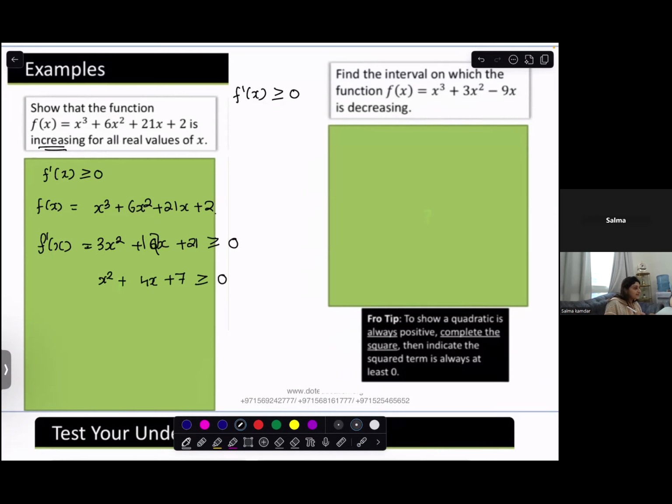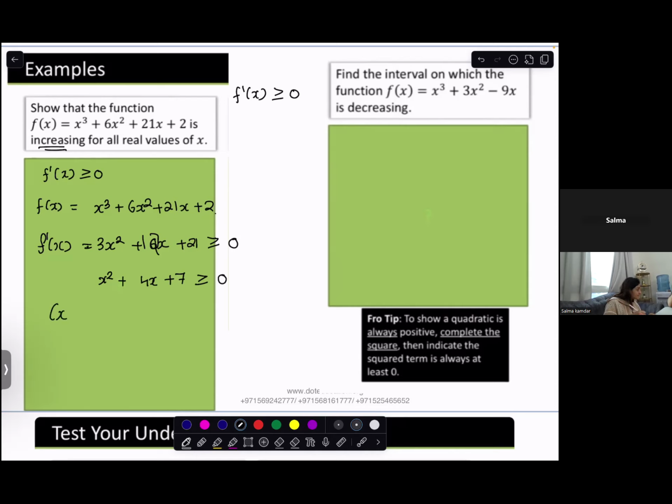I can use completing the squares. If I use the quadratic formula, I'll get 2 brackets, so I'll use completing the squares. How will I use completing the squares?